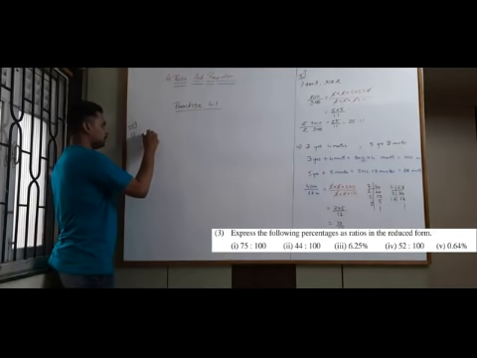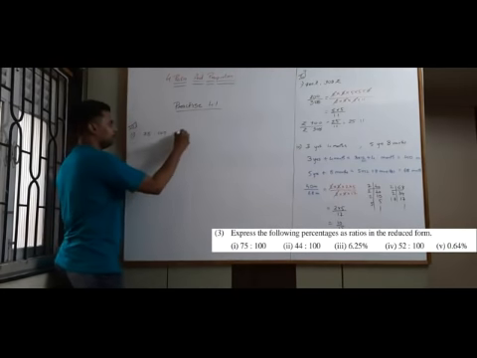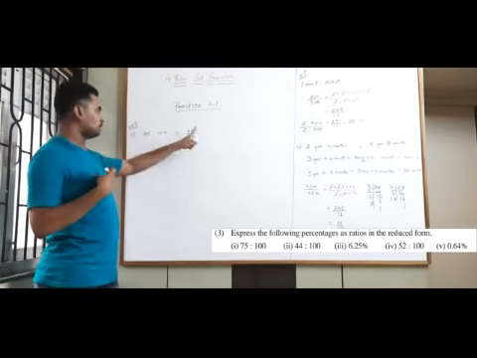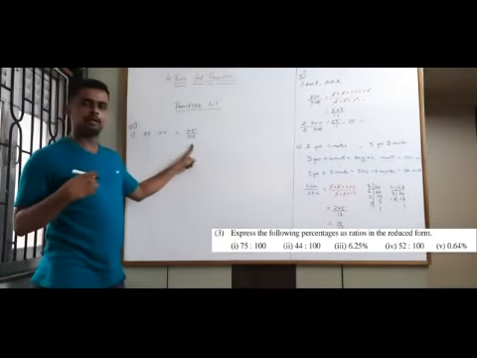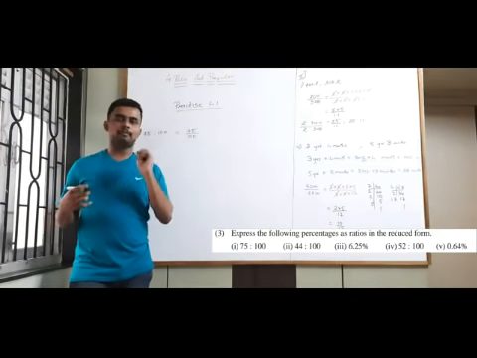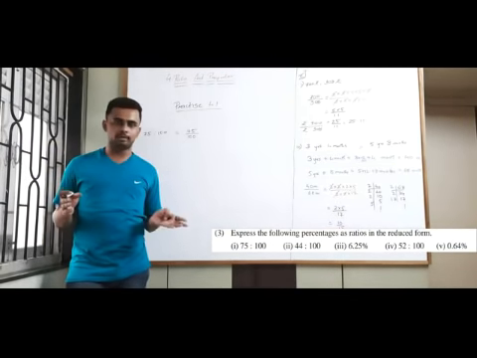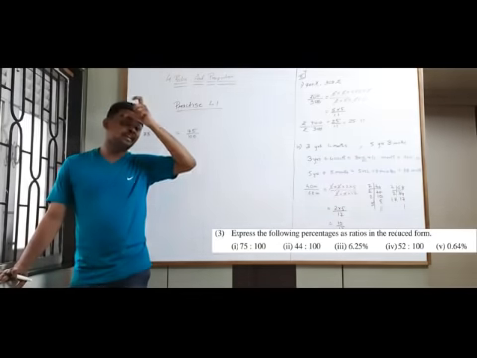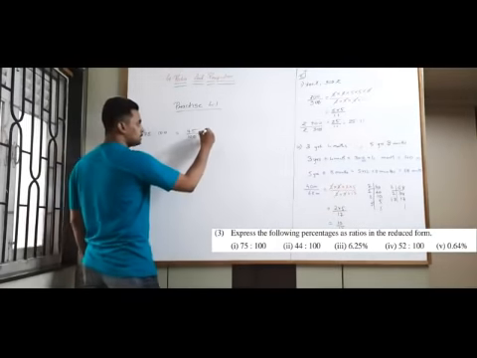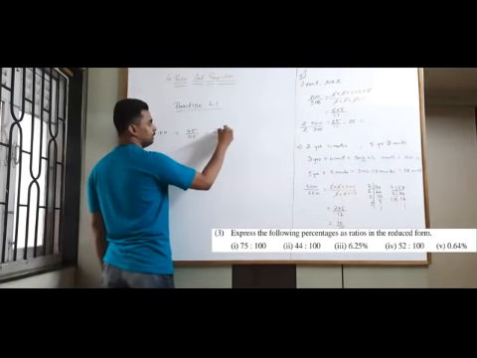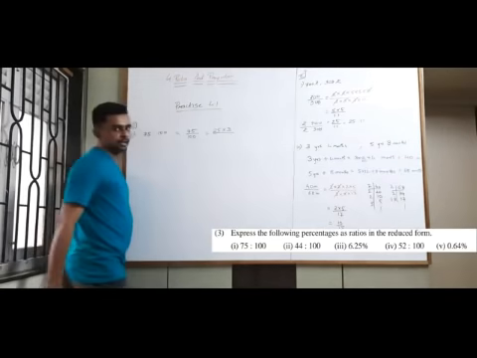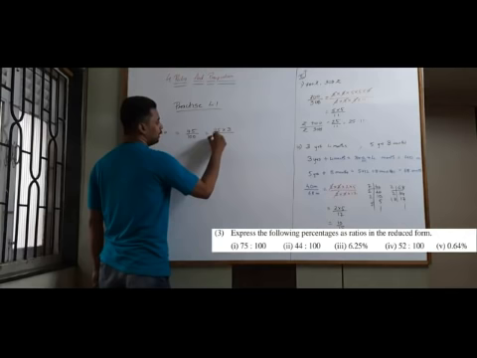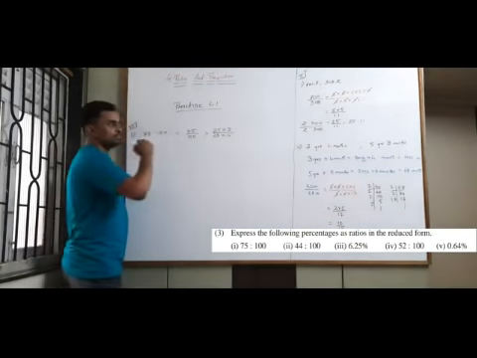Now this percentage, as we know, whenever we have denominator 100, then the number is a percentage. Now 75 is to 100. 75 and 100 are very easy to reduce. As we know, 75 and 100 are both multiples of 25. Hence, 25 multiplied by 3 gives me 75, and 25 multiplied by 4 gives me 100.